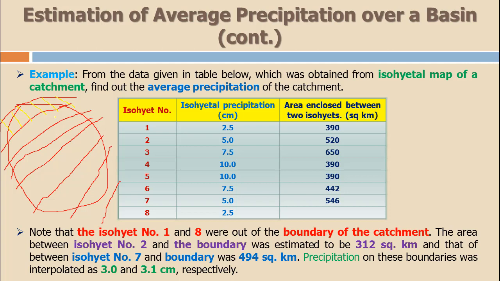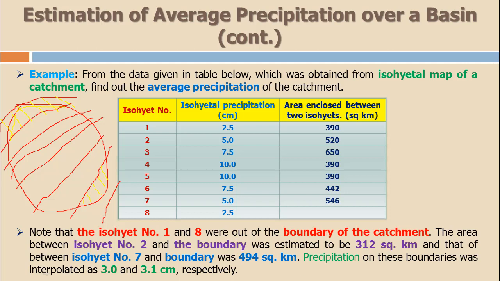We will need the area between isohyet number 2 and this boundary. Similarly, we will need this area, and the precipitation value of this boundary. Similarly, this area and the precipitation of this first boundary are given in these notes.